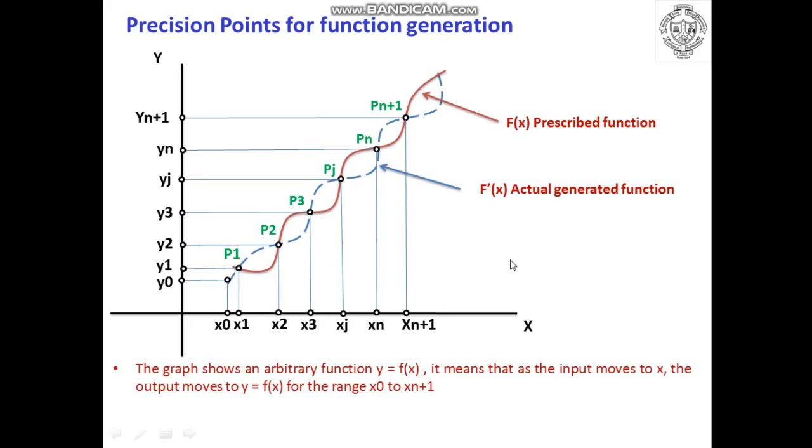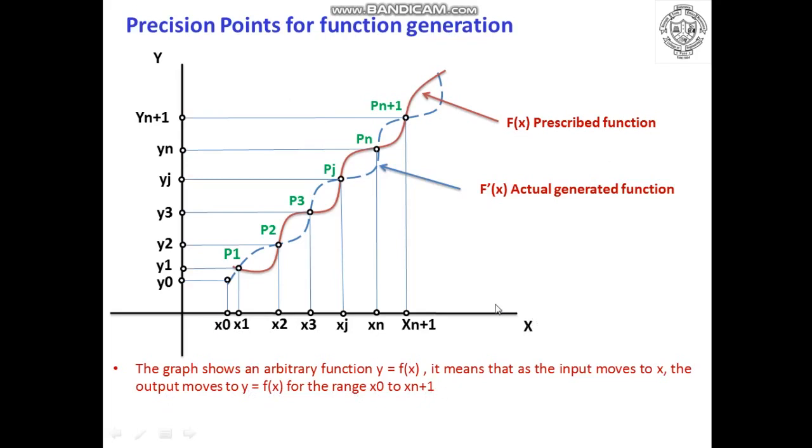So what we understand from this graph is that for any arbitrary function y is equal to f of x, when the input moves to x, the output is expected to move to y is equal to f of x for the range x0 to xn plus 1.